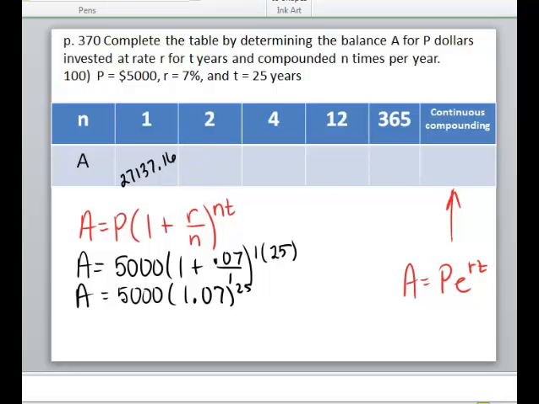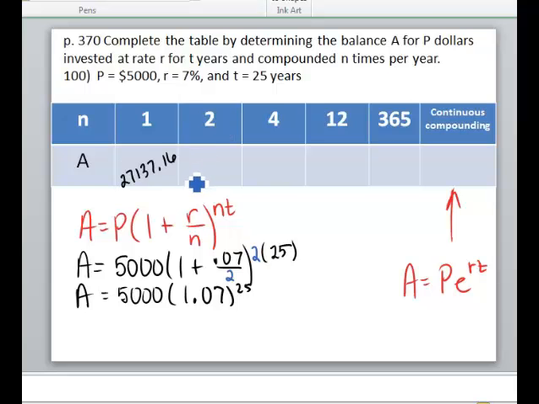Now, all you would do is change, and I'll go ahead and bring out my eraser to do that. We would just change this to be a 2 for being compounded twice per year. So this would be a 2, and then this would be a 2. Everything else would remain the same.